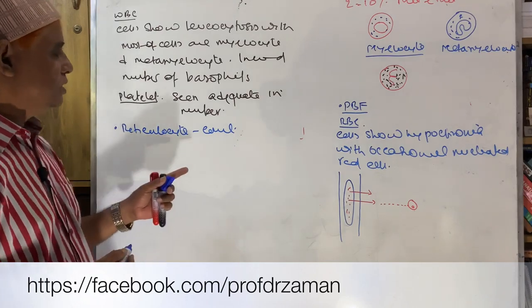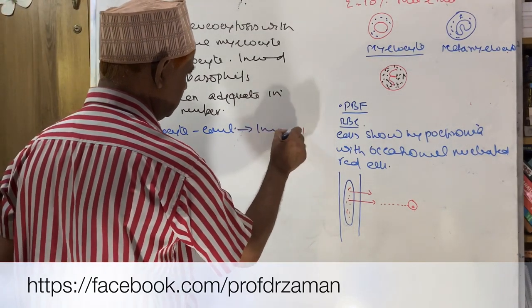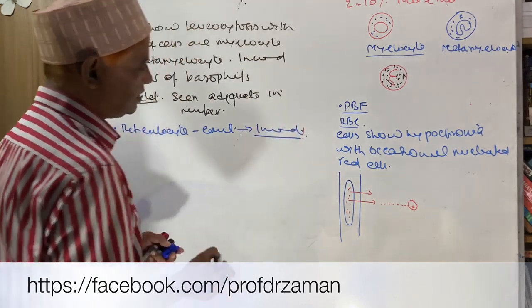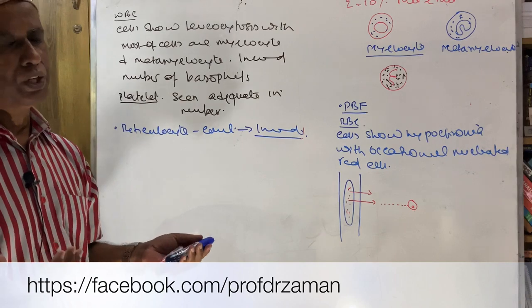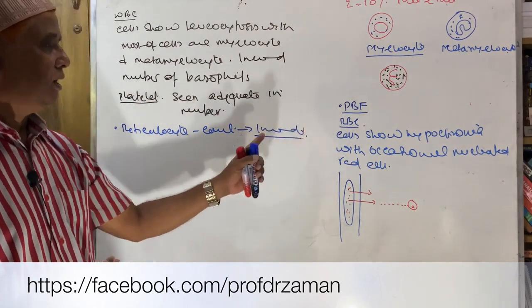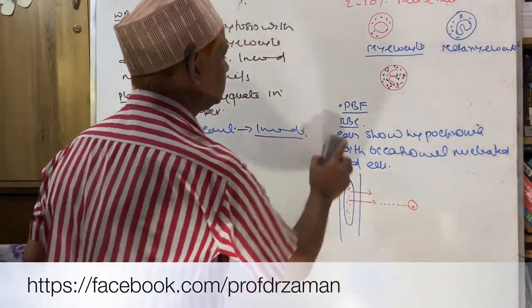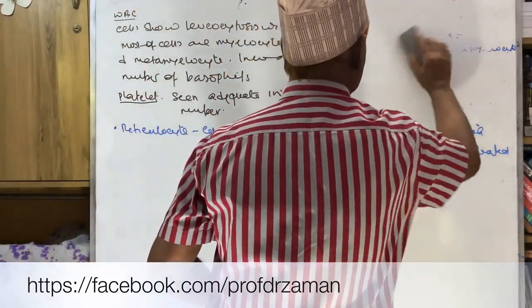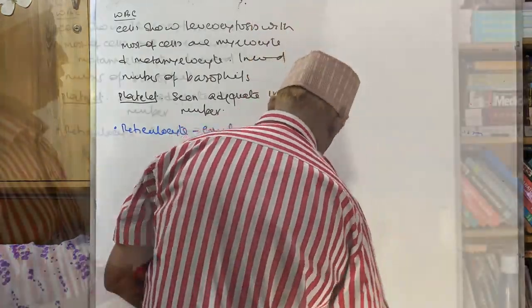The normal count is 0 to 2%. It will be increased. Why increased? As there is rapid production due to anemia, there are immature RBCs like nucleated cells and reticulocytes in the peripheral blood. Now come to bone marrow examination.